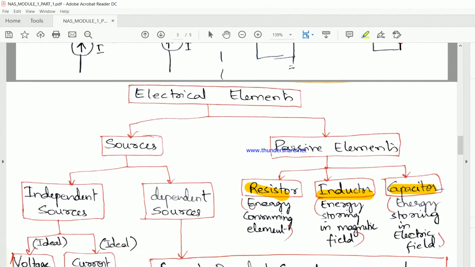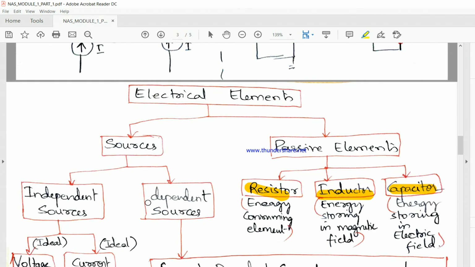Resistor will consume energy, so it is called an energy consuming element. Whereas inductor stores energy in a magnetic field, and similarly capacitor stores energy in an electric field. So these two are storing devices. Whereas resistor doesn't store anything, it just consumes energy, meaning it just delivers the energy in terms of heat.